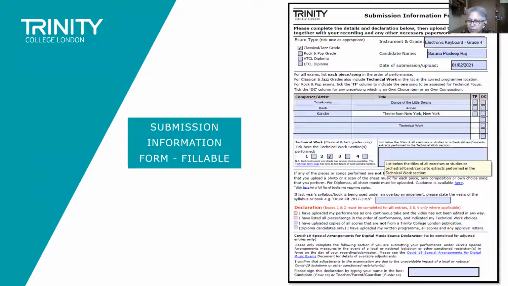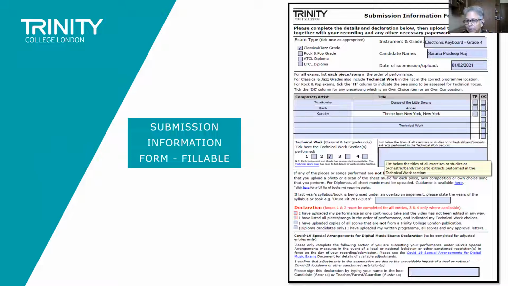For all exams, list each piece or song in the order of the performance. The second point here, for classical and jazz grades, this was not there earlier: also include technical work in the list in the correct program location. So please look at what I've done here. It's a grade 4 keyboard.